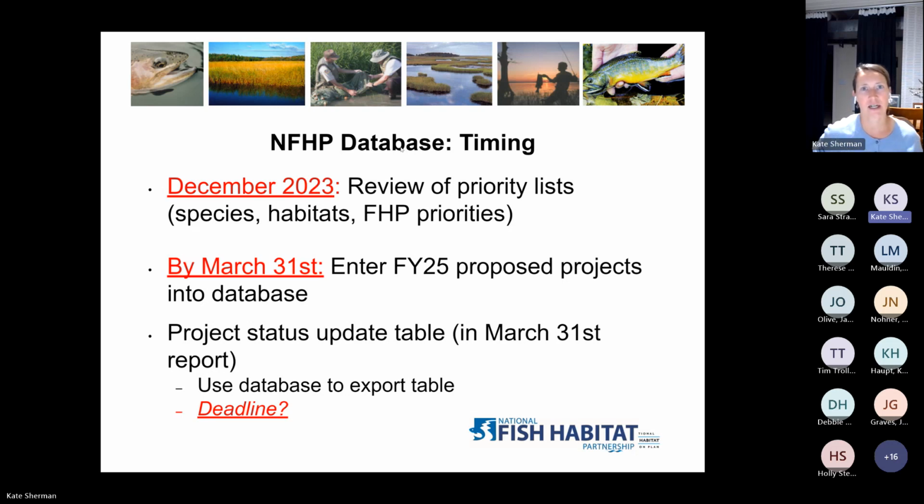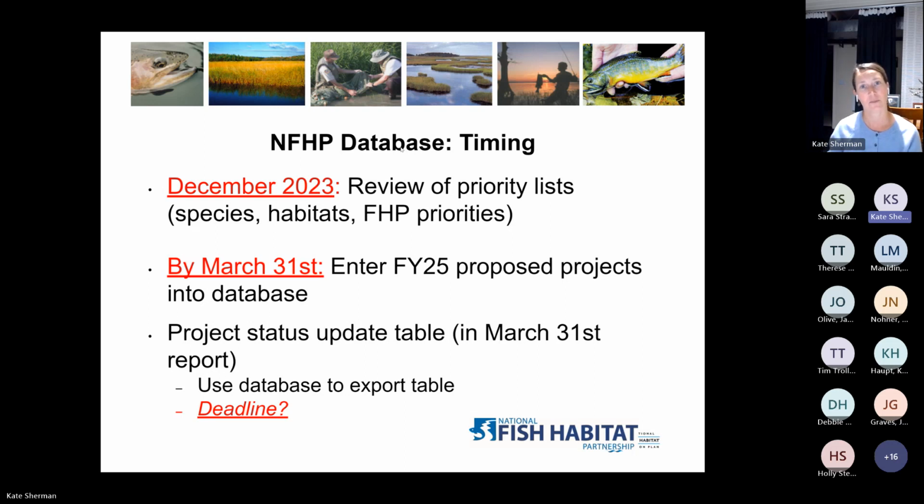By the end of this year, a lot of this work has already been done, but I will ask that all the FHPs review their priority lists. So your list of species, habitats, FHP priorities that we use as standardized lists in the database, just to make sure that nothing is missing. Perhaps you updated your strategic plan, and so your priorities may have changed.